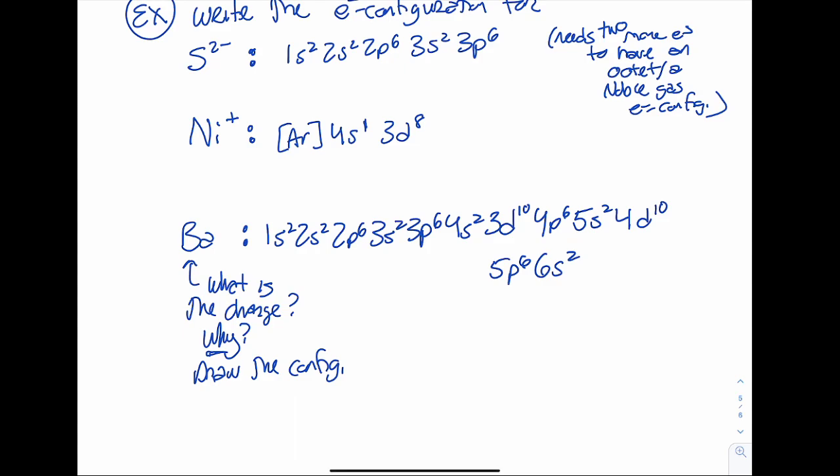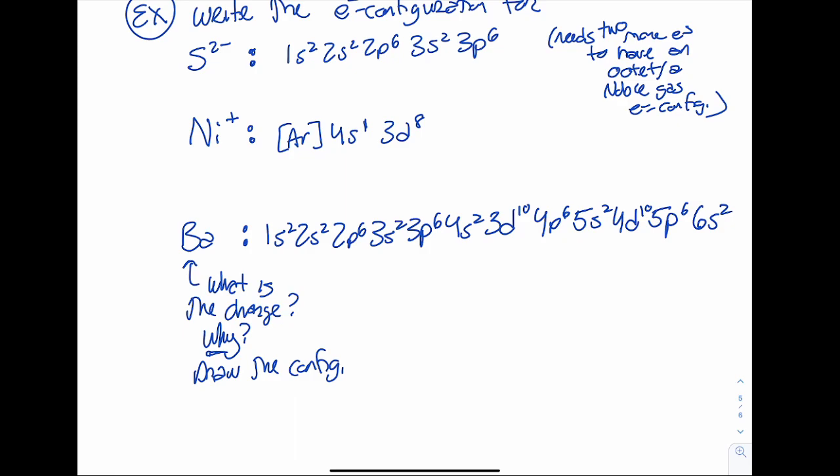So this would be my configuration if I did the entire thing. And actually, I am going to squish it up here. I'm just going to write this a little bit smaller so it'll fit. So 4d10. Oops, forgot my p's. 5p6, and then 6s2. And that gets me to barium.